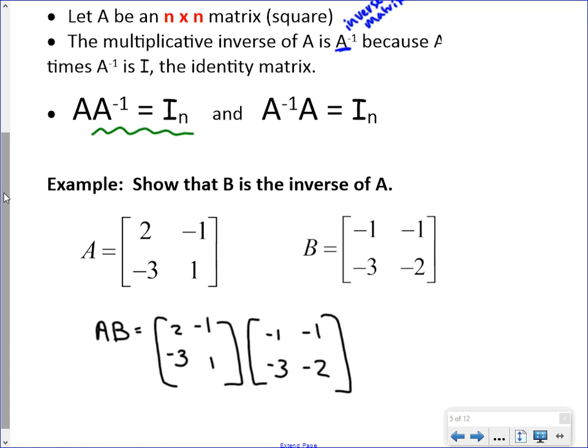Here we're just seeing two that are supposed to be inverses for the first time. So I'll actually work it out and see that that truly does happen.